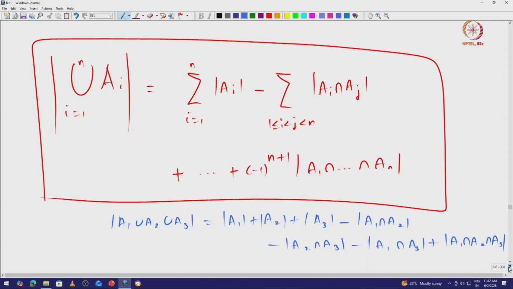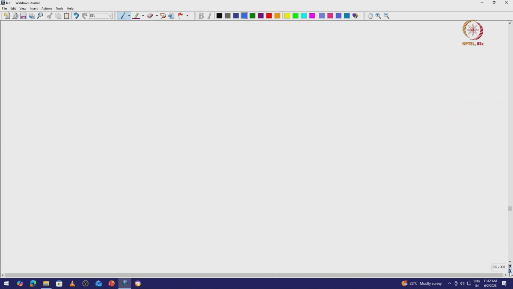Now I am going to give a much more straightforward proof by counting the elements on both sides. Let us look at some element x in the universal set, x in capital X. Now x belongs to, let us say, exactly r number of sets coming from A1 etc. A_n.